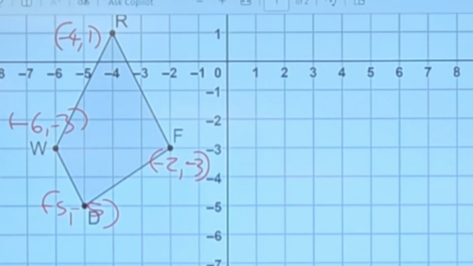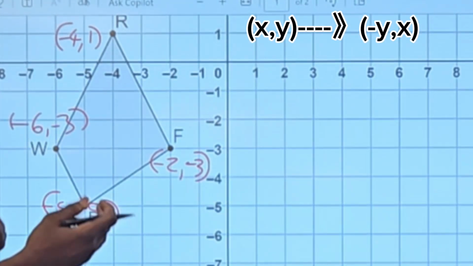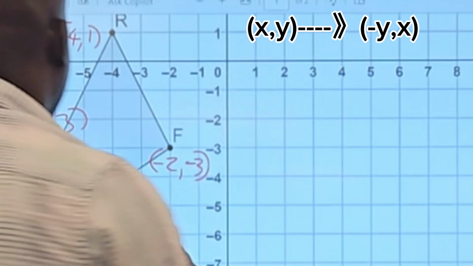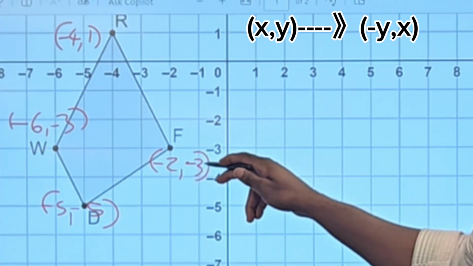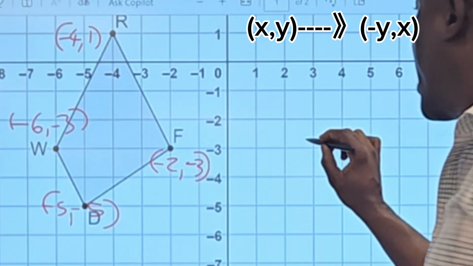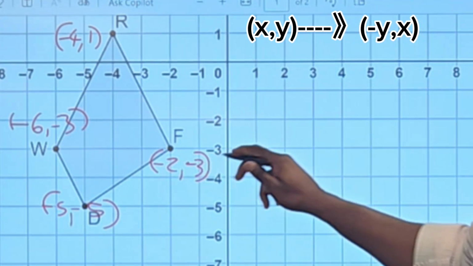So let us now operate on it. What we're doing is, we are actually going to switch x and y and change the y value. You ready for it? So let's look at F. F is actually -2, -3. So when I switch this, I'm going to have +3 with -2.